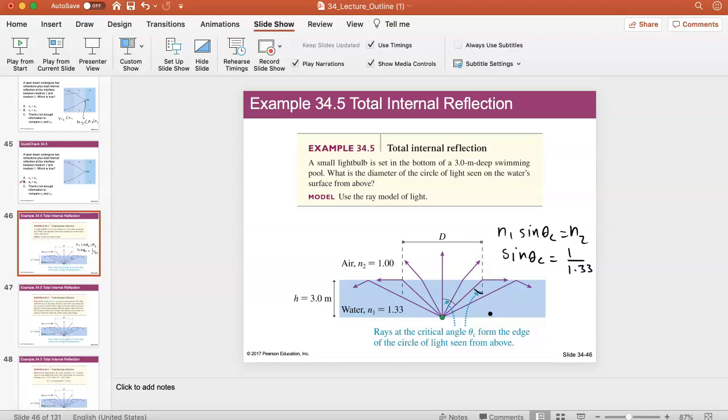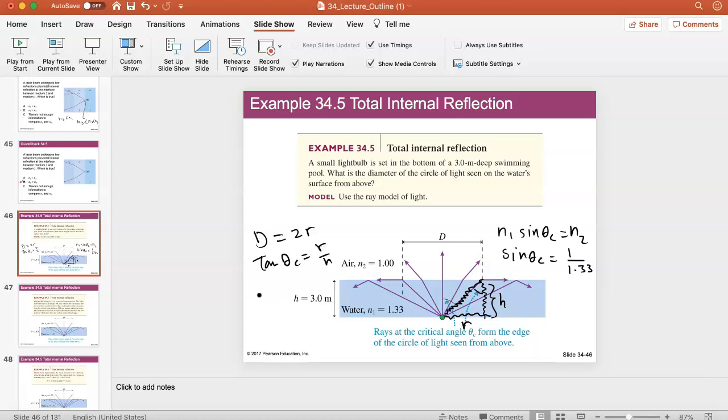And then how do we find the diameter? Well, we can focus on this triangle here, right? We know this side has a length h. So if I call this r, which is half of the diameter, D is 2r. Then I know tangent theta critical is r over h.